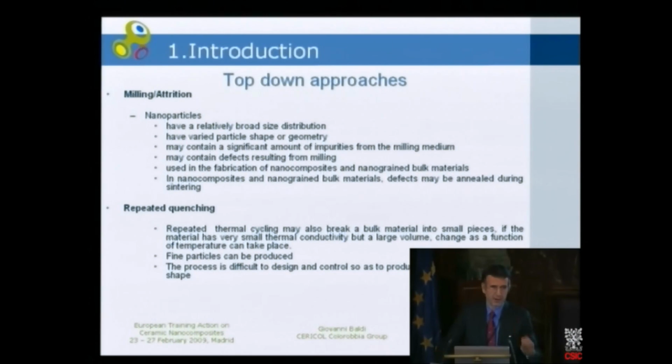This is a very important point for this technique. With this technique, fine particles can be produced. But the process is also difficult to design and to control in order to produce the desired particle size and shape. And this is one of the most important constraints of this technique.